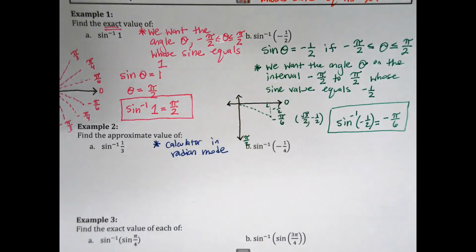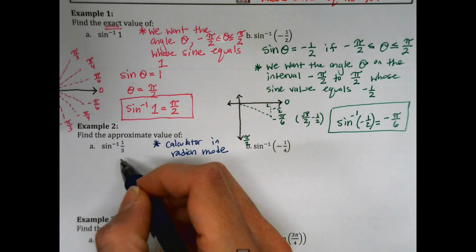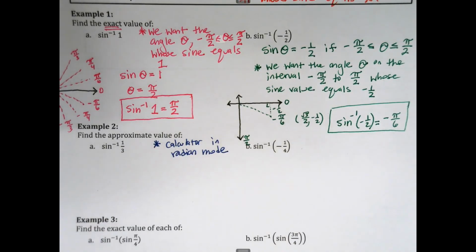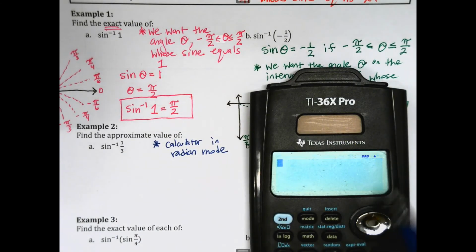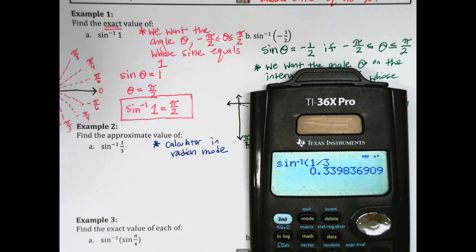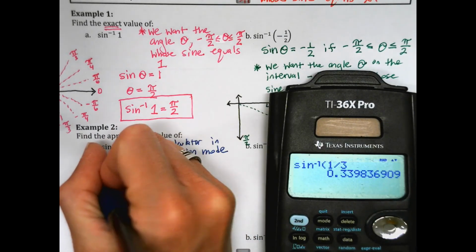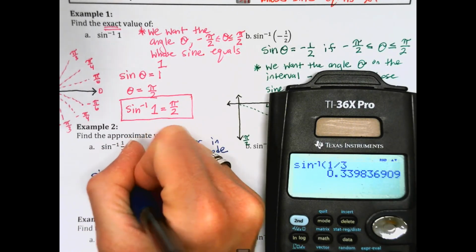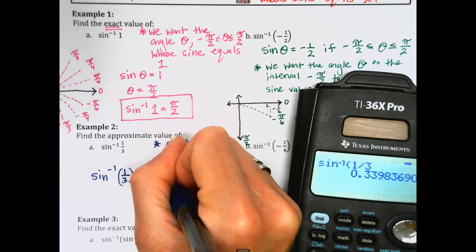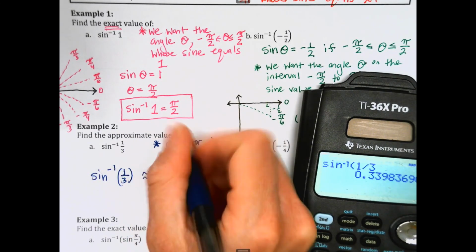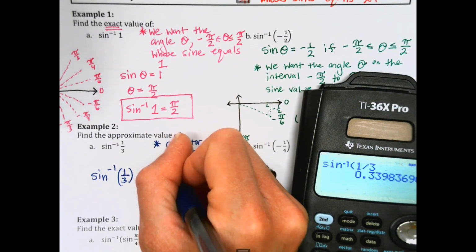And we know that if we take the inverse sine of 1/3, it will give us an output value. So make sure your calculator's in radians. Mine is in radians. And I want to find the inverse sine of 1/3. So the inverse sine of 1/3 is approximately 0.3398, so approximately 0.34.